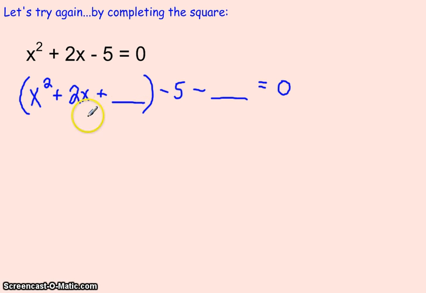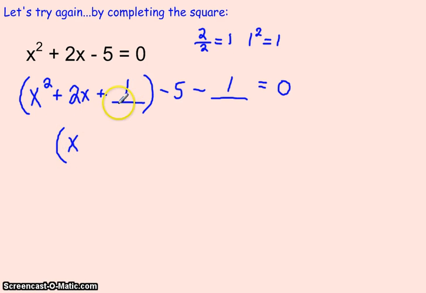And it's been a little bit, but to find what goes in the blank, we take the b term here, the 2, we divide it by 2, which gives us 1, and then 1 squared is equal to 1. So 1 goes in here and in here. Then what we do is we take this perfect square trinomial and we put it into its factored form.